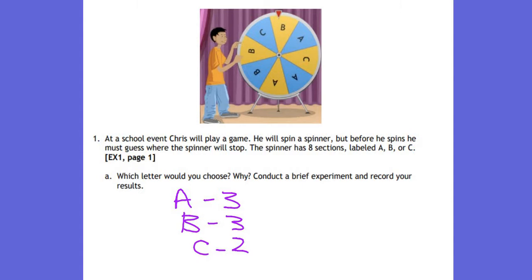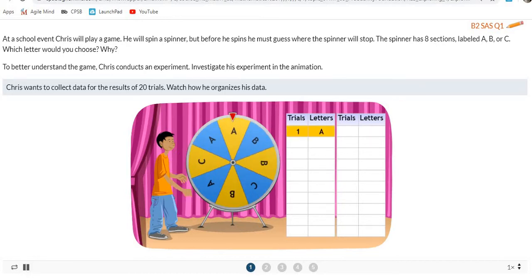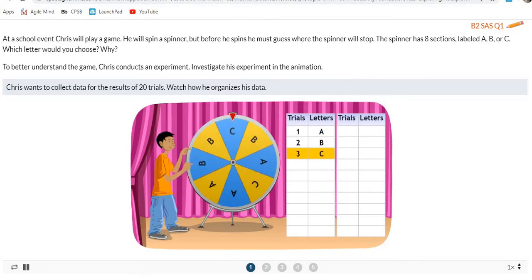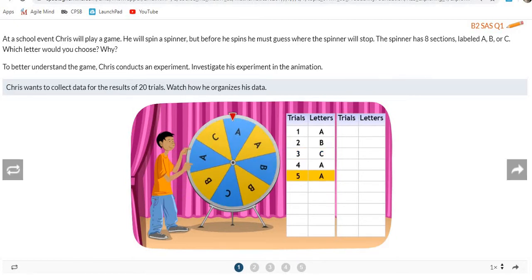Okay? So now we're going to actually look at him conducting the experiment. He wants to spin this 20 times. He's going to stop after 5, and we're going to look and see if the data looks like it should. So, he spins, gets an A, gets a B, gets a C, gets an A, and then gets another A. So, who won here?